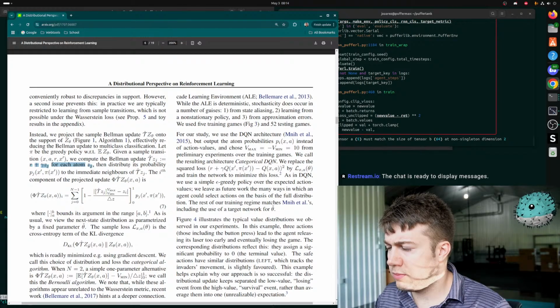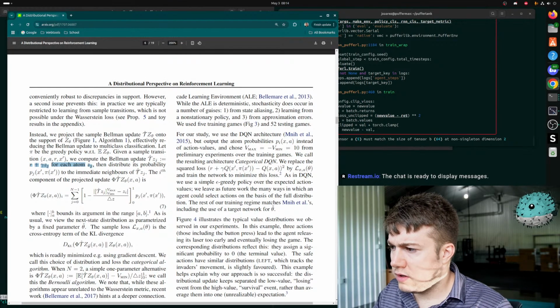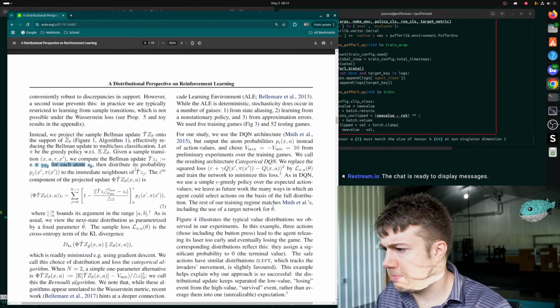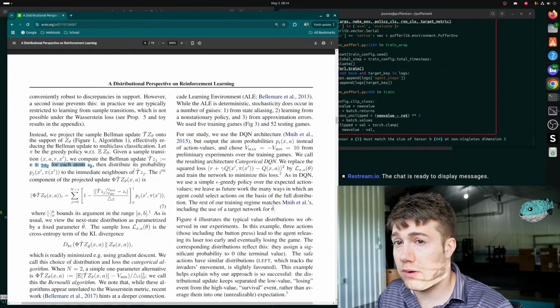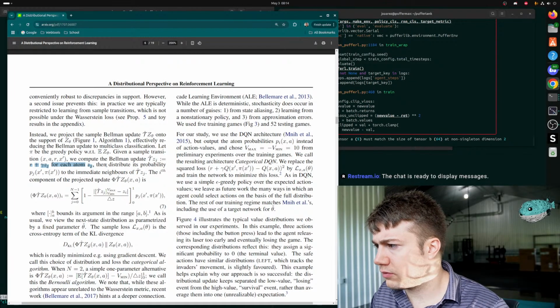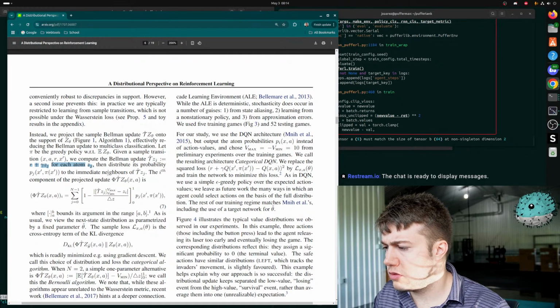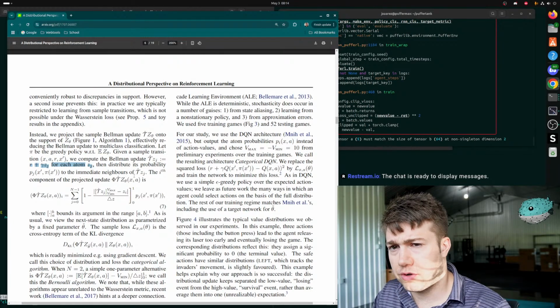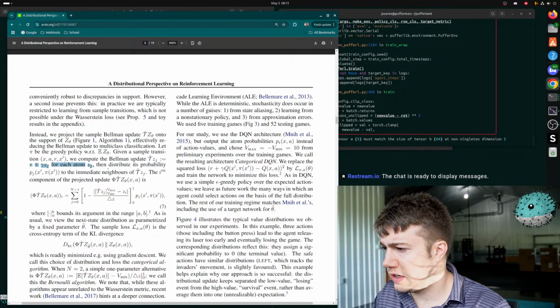And then we distribute its probability to the immediate neighbors of this. Okay, this is not what I was thinking about. Or this is not how I was thinking about it. But I think it gets simpler in the on-policy case anyways.